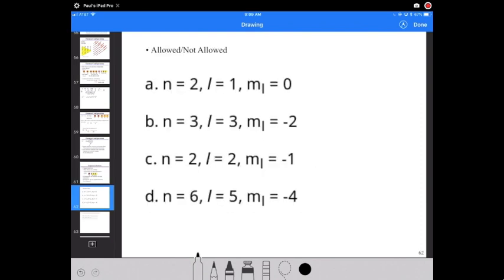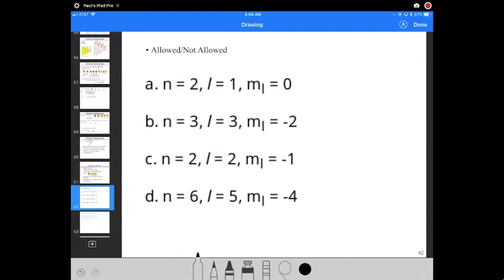Okay, here is a question from the homework. It's going to say which ones are allowed and which ones are not. You should be able to look at these four numbers, which in this case they're only showing 3 of them. 4 numbers will designate exactly where an electron is, but we should be able to know the relationship.